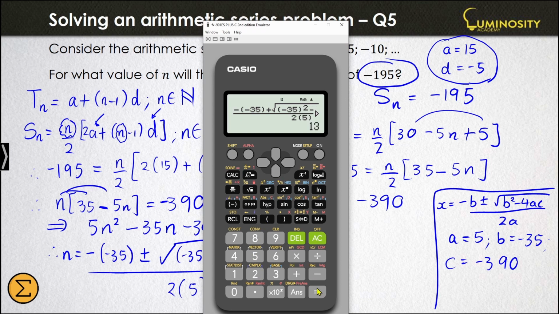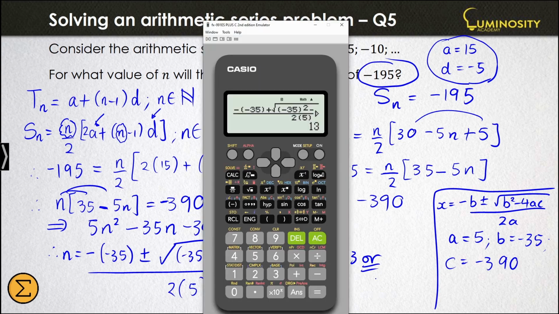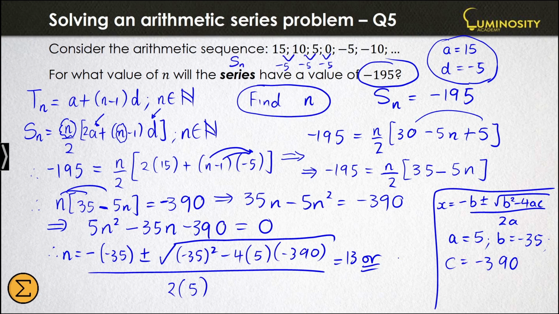So I get n equals 13 for the first one, or if I do the negative one now, minus negative 6. Now, again, algebraically, that is correct. There are two solutions for n that satisfy this equation here.